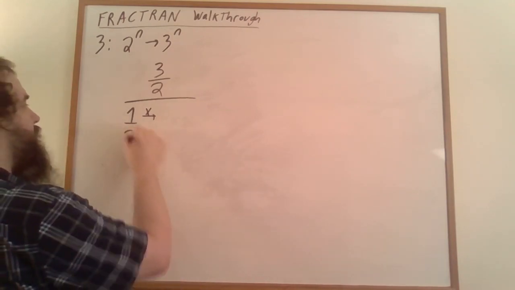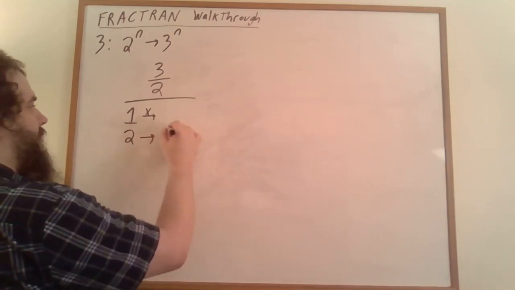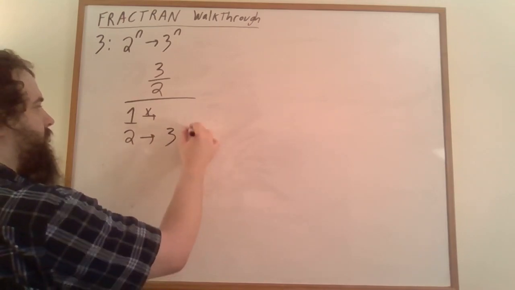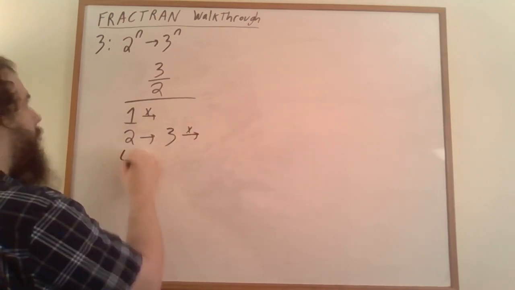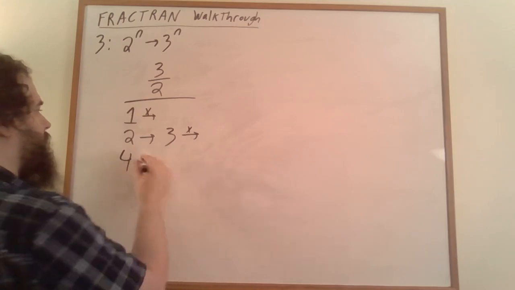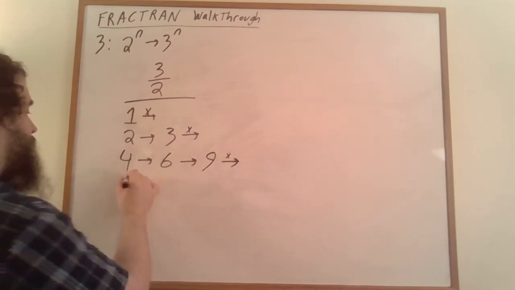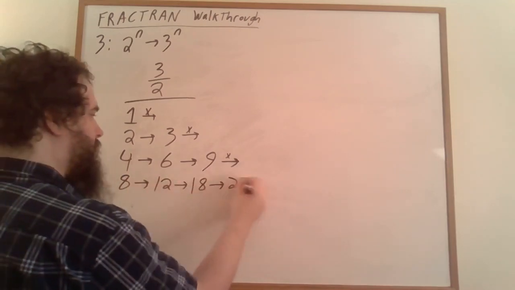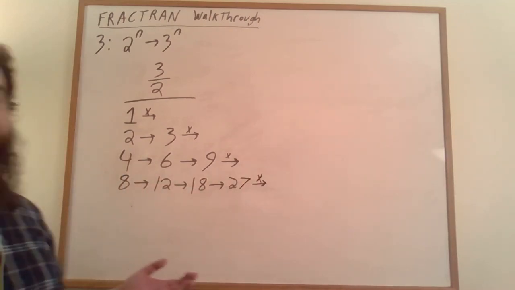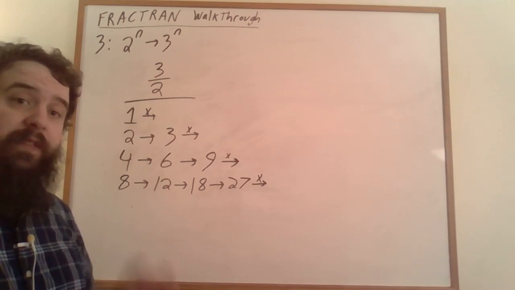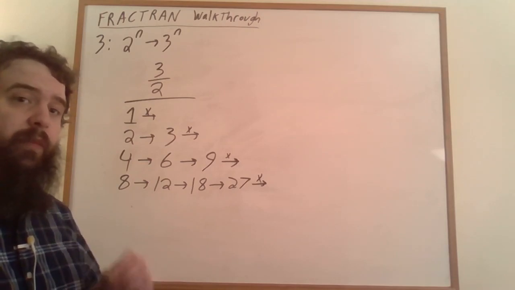If we input a 2, as we've seen, we output a 3. If we input 4, as we've seen before, we output a 9. If we input an 8, we output a 27.